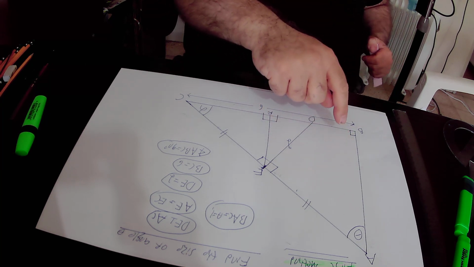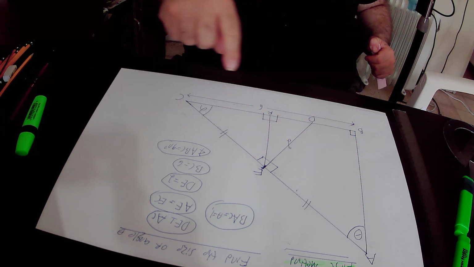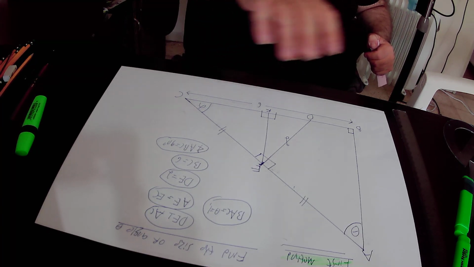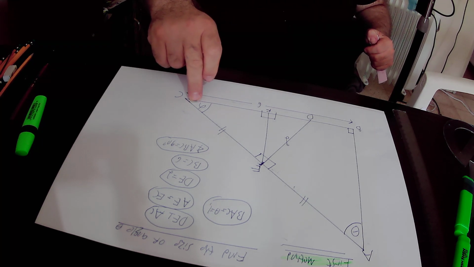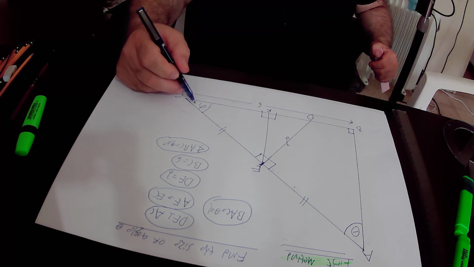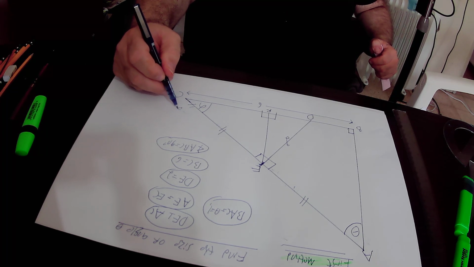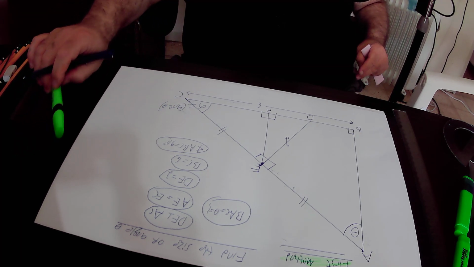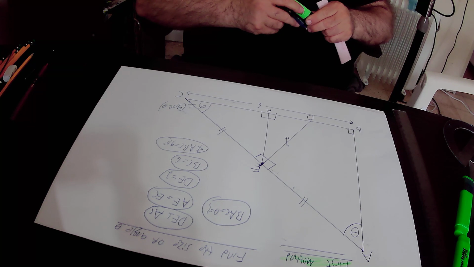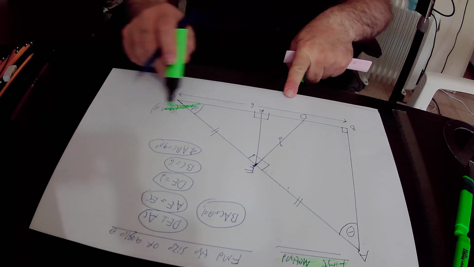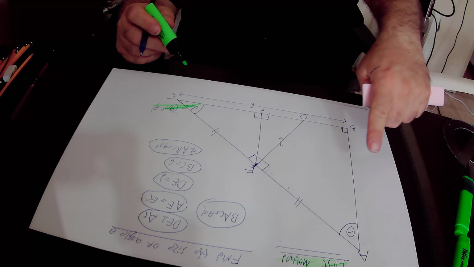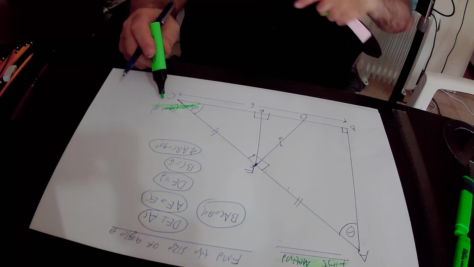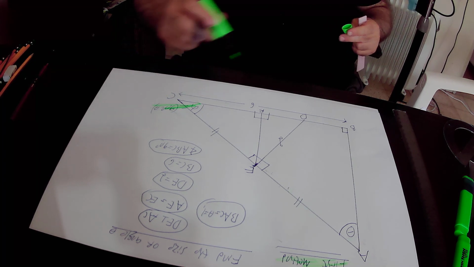So if this angle equals theta, then this angle must be equal to 90 degrees minus theta, in order to complete the sum of the angles in the right triangle ABC, 180 degrees. Therefore alpha equals 90 degrees minus theta. Here 90 degrees minus theta plus theta is 90 degrees, and 90 degrees plus 90 degrees is 180 degrees.